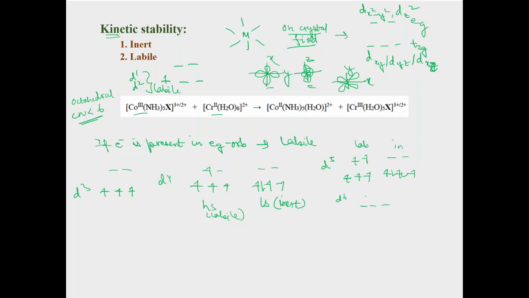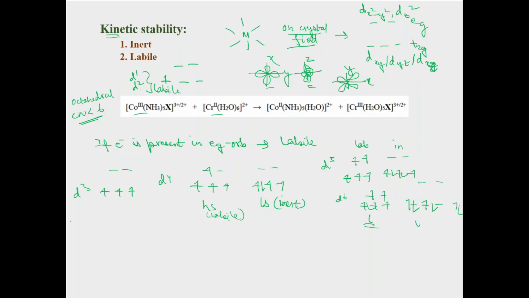For D6, 1, 2, 3, 4, 5, 6. So high spin means it is labile, whereas low spin means inert.